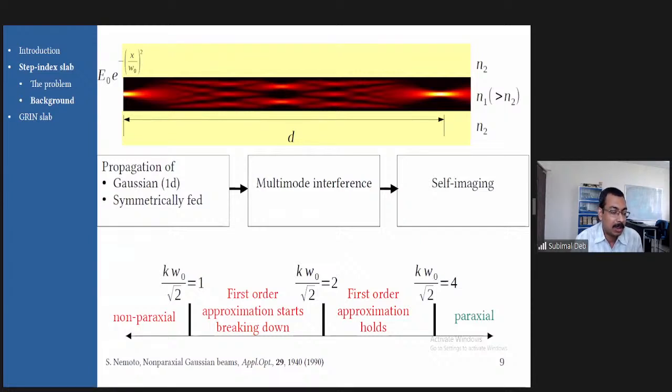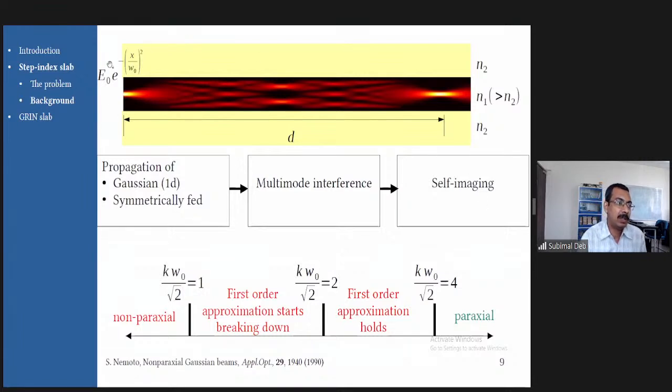When you require more terms to describe the Gaussian, you have entered the completely non-paraxial regime. And once you have gone out of the paraxial regime, the Gaussian beam loses its character of being called a quote-unquote Gaussian beam, because you have to describe it with extra terms.